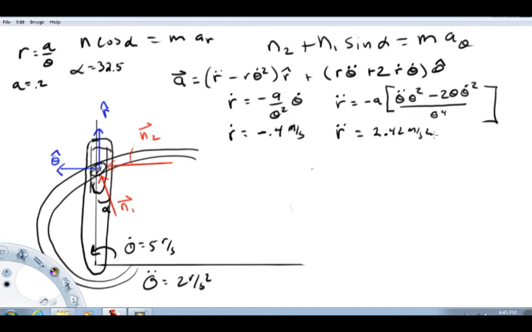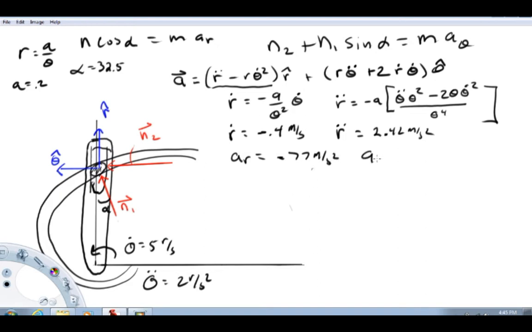meter per second squared. So we have these values now, so now we can calculate a sub r and a sub theta. So a sub r, that's this expression right here. Putting in these numbers, r double dot minus r theta dot squared comes out to negative 0.77 meter per second squared.